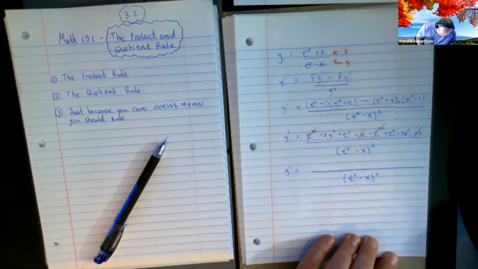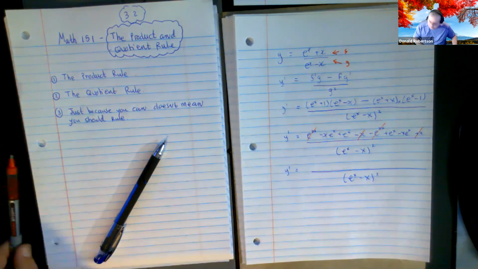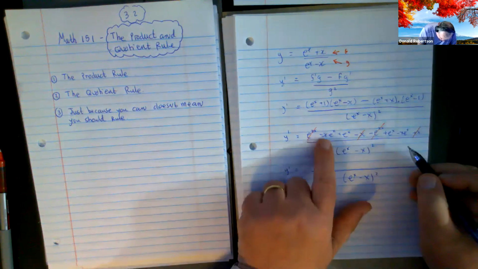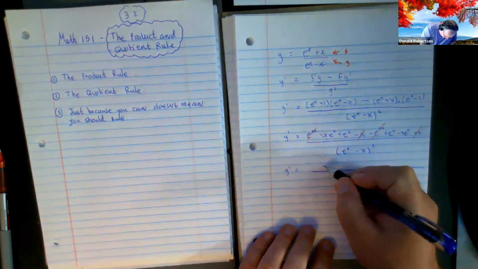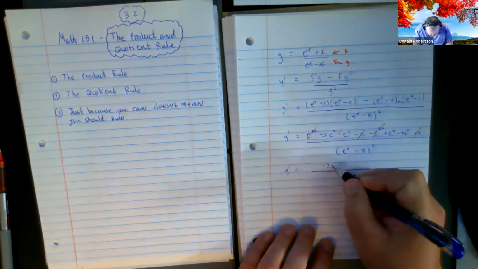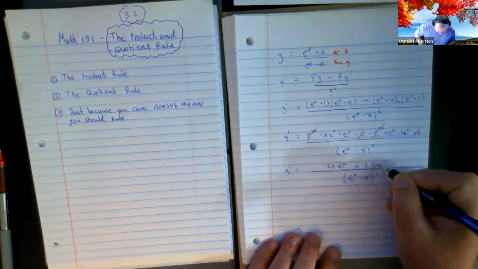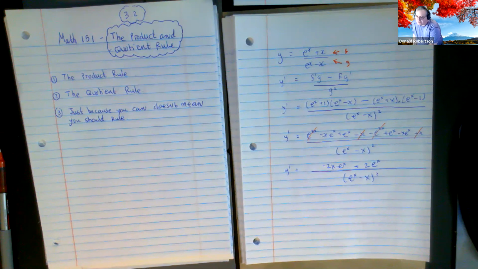Anything else in this list going to die? Or is that it? That's it. So let's see what we get. One of these and one of these gets me 2x e to the x. One of these and one of these gets me 2 e to the x. Hopefully I didn't do anything wrong there.